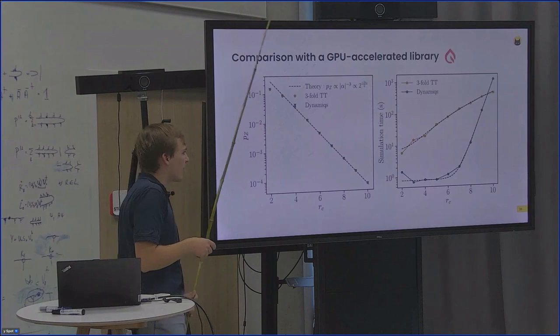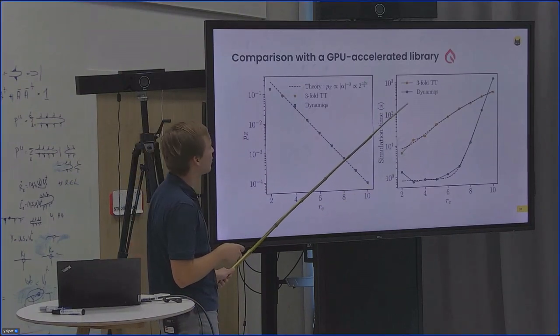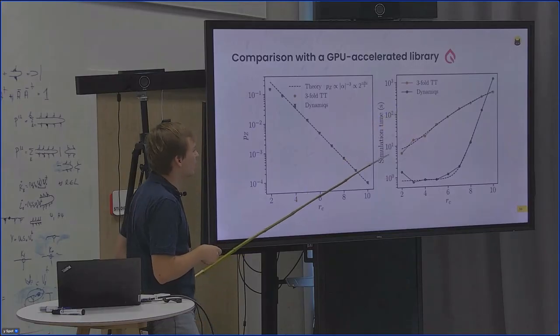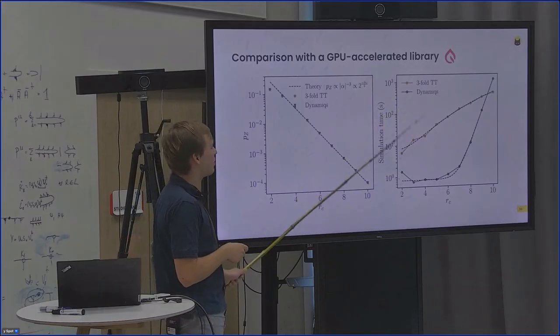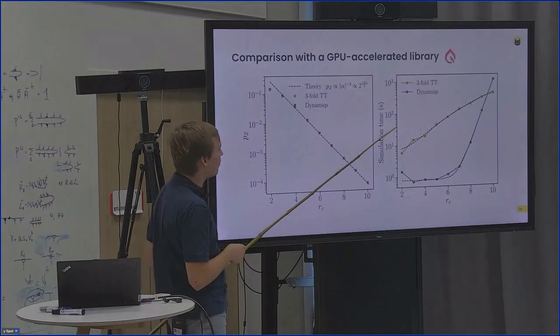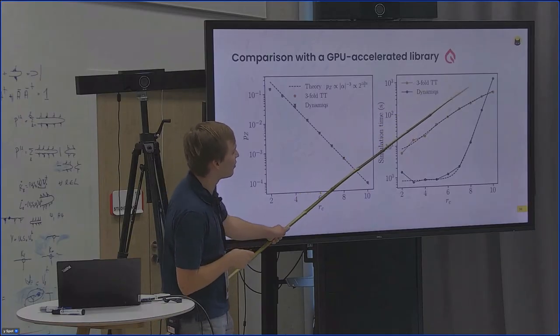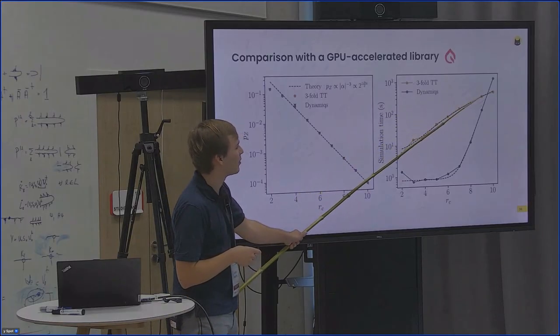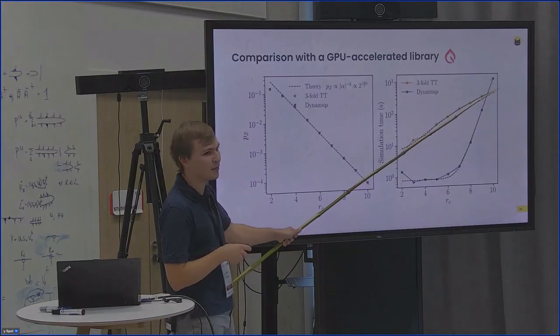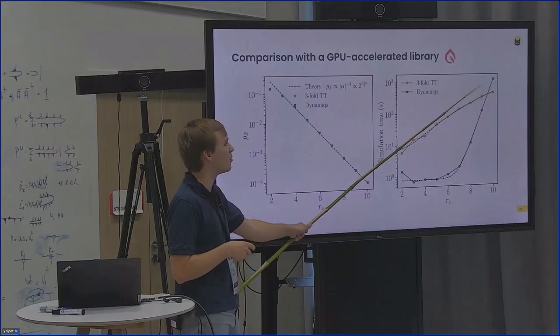But for dynamiqs, the library that uses GPUs, the simulation time increases as a power law of the system size. Whereas with our method we have a much better scaling, so we get a crossover here where our method becomes actually faster. And if you go to an even bigger Hilbert space size, you can continue going, whereas this becomes impossible to simulate.